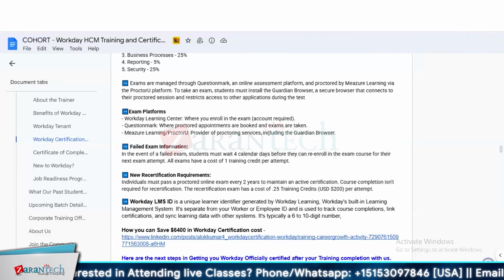But what about that last line? All exams cost 1 training credit per attempt. What is that training credit? So basically, when you pay that $800 to them, it's 1 attempt. Correct. There's no re-attempt option in that money. So if you fail, then again you have to pay $800 and apply for the second attempt. That's how it is. Understood.